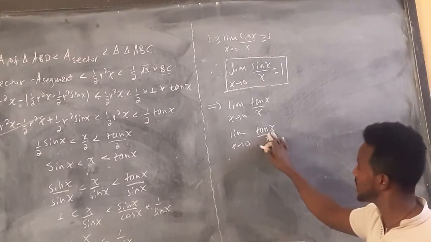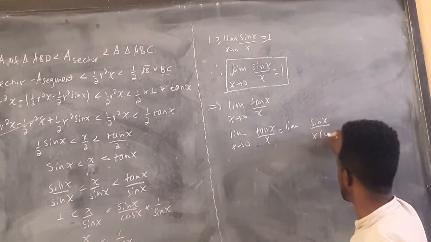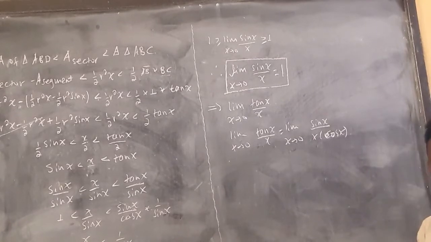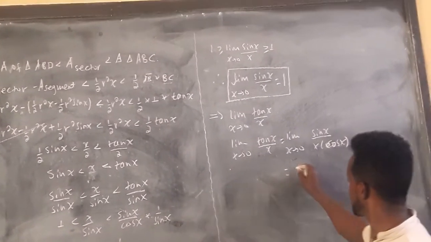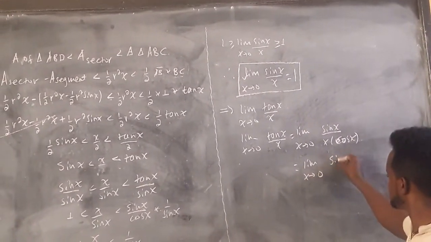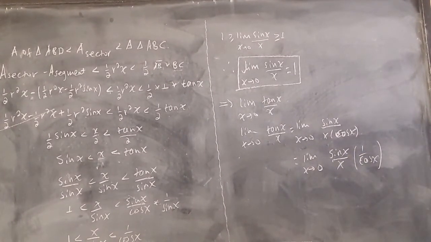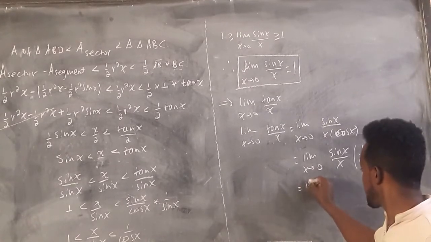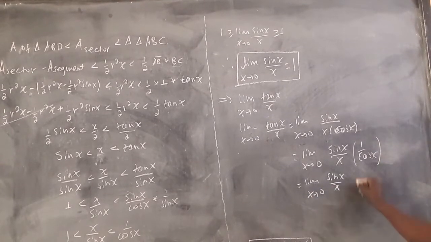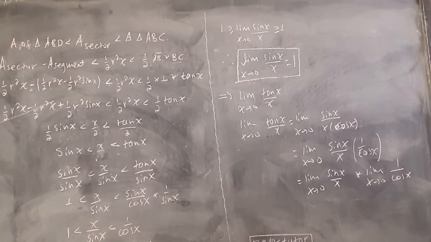Tangent of x is sin x over cos x, so this is the limit of sin x over x times cos x as x approaches 0, which equals the limit of sin x over x times 1 over cos x. So that is the limit of sin x over x as x approaches 0 times the limit of 1 over cos x as x approaches 0.